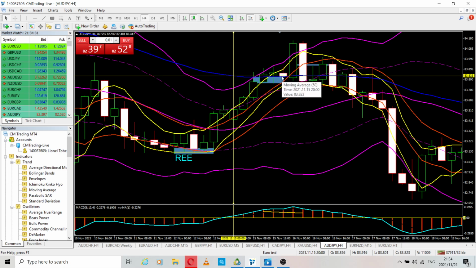This is where the daily candle closed. This is called the candle trip in BBMA. Once you hear someone talking about the candle trip, they are talking about this. So this is where your candle closed.